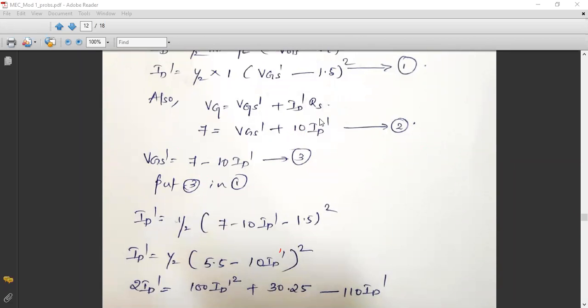Make a quadratic equation and solve for ID dash. And tell me the answers in the chat box. What is the value of ID dash that you got after solving the quadratic equation using your calculator?